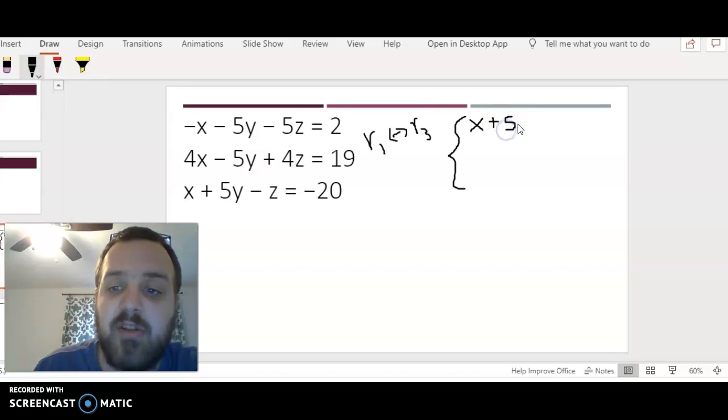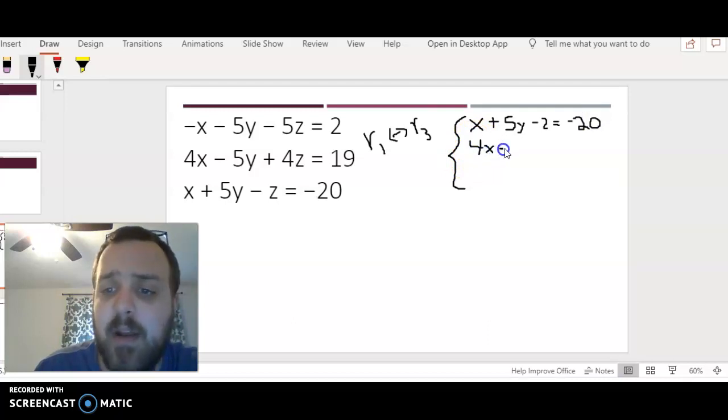So I'm going to go ahead and switch those two rows. I'm going to put this row first, and the reason why I'm doing that is because this is the row that is going to keep its y, and the other two are going to be canceled out. I want my top row to have all three variables, and my other two to have the variables disappear.